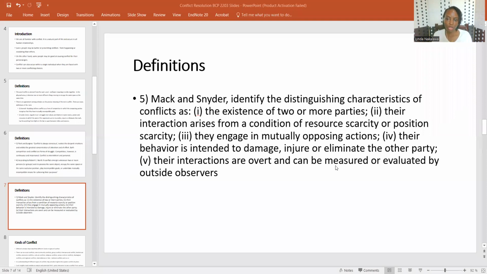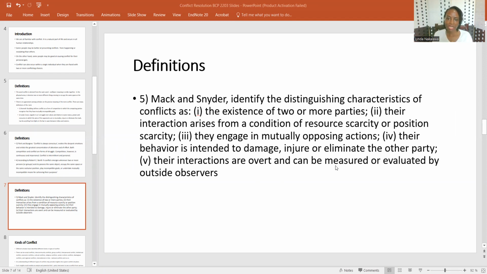They engage in mutually opposing actions. Okay, they are opposing each other. It's very rare that people will have conflict when they are not on different sides. Sometimes people are having conflict and they realize, wait, we are actually arguing on the same side, and then the conflict ends.